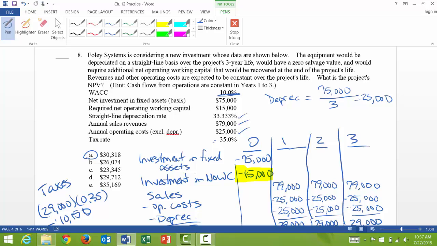All the hard work was done, and you just entered them into your calculator and calculated NPV or IRR. So this is the real way all that was done. So anyways, that was the end of the chapter 12 practice problems.